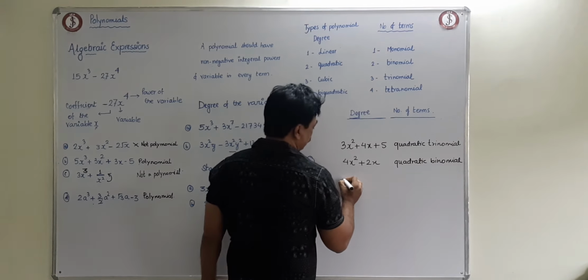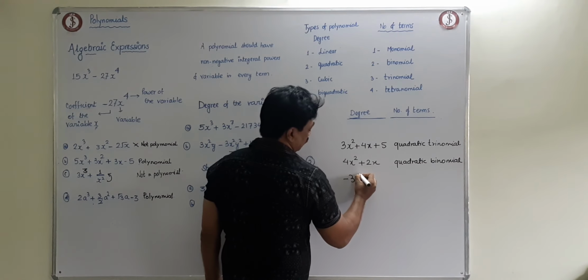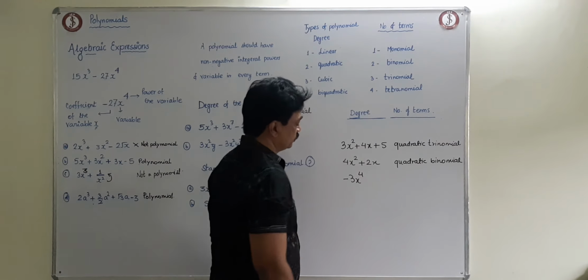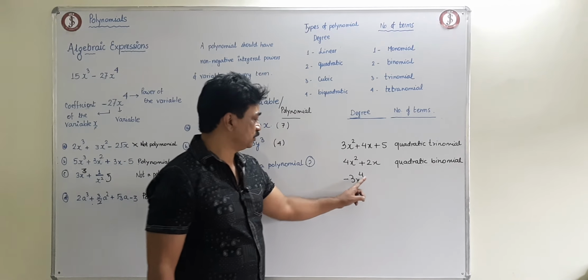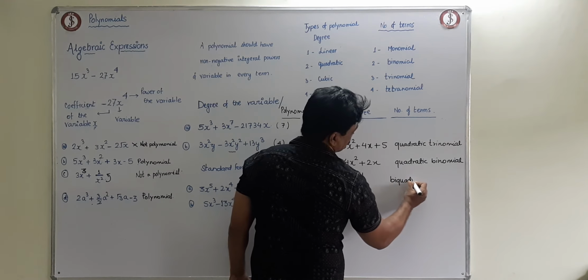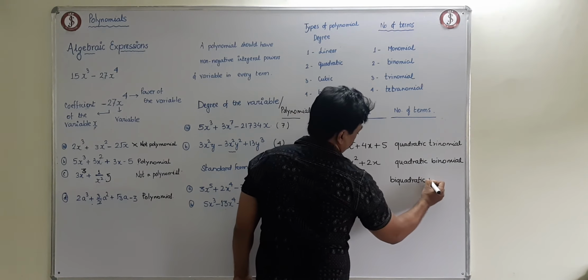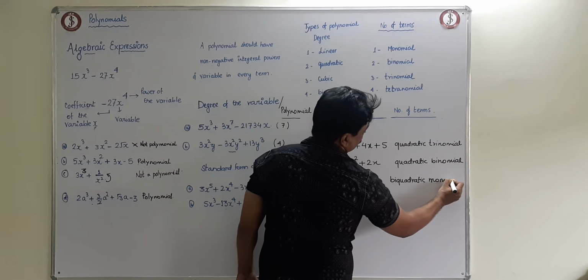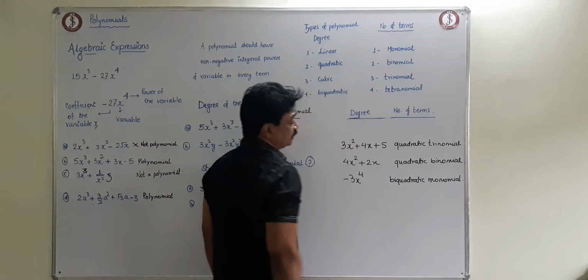Suppose I have only minus 3x to the power 4. Its degree is 4, so it's a biquadratic monomial. Monomial means only a single term.